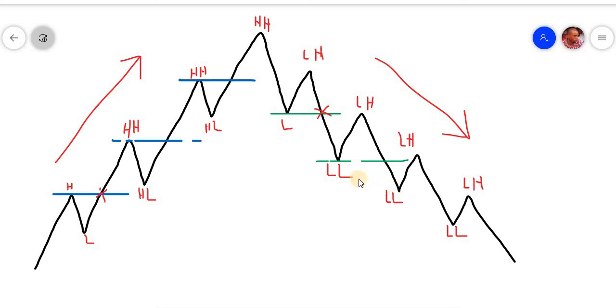So I believe that is clear enough. And let's go to the next point. The next point is that the uptrend potentially reverses to a downtrend when the most recent higher low is broken. Now the most recent higher low we have here is this low, this level.